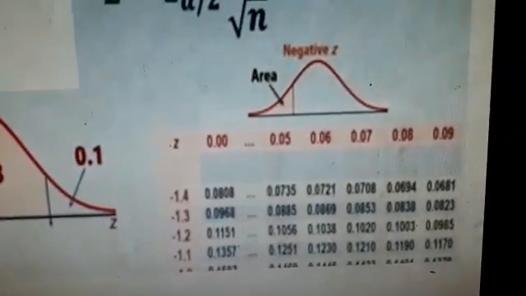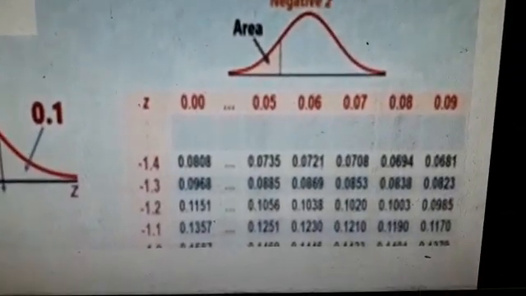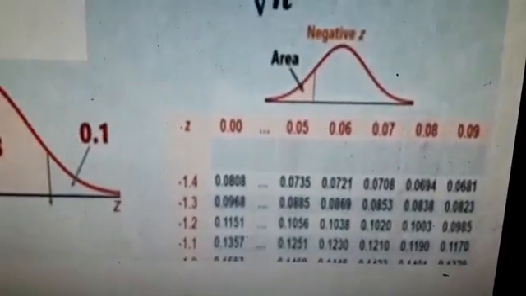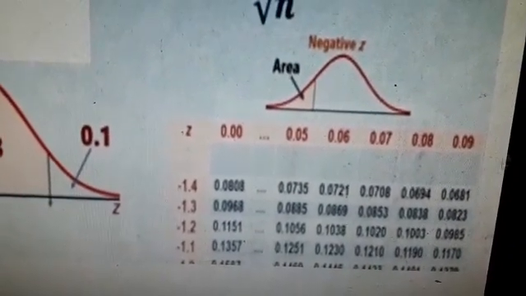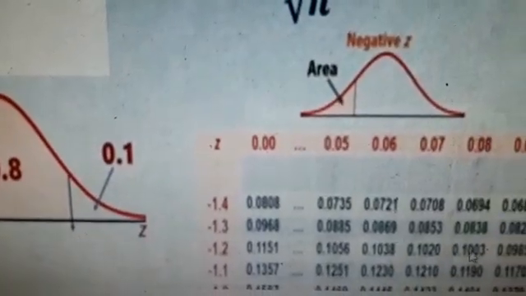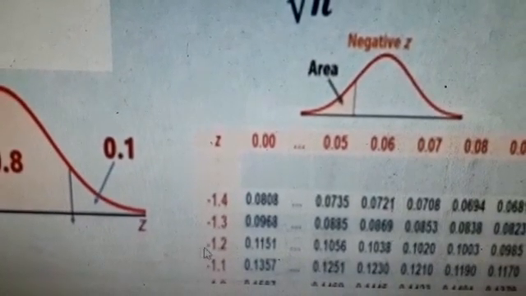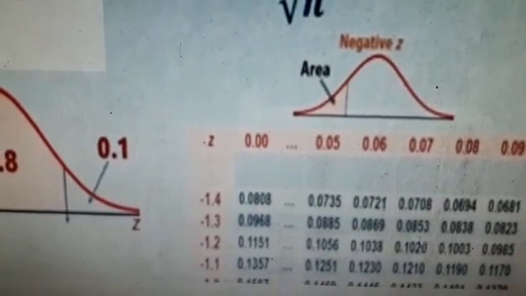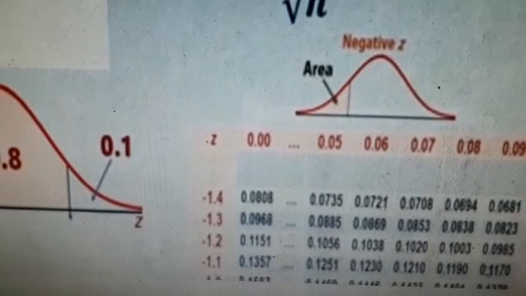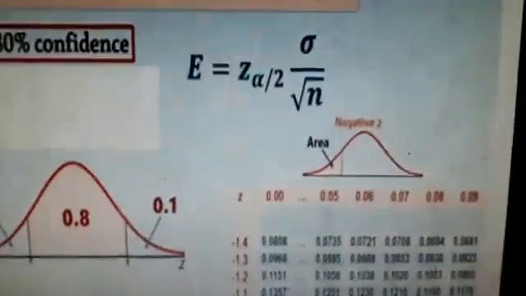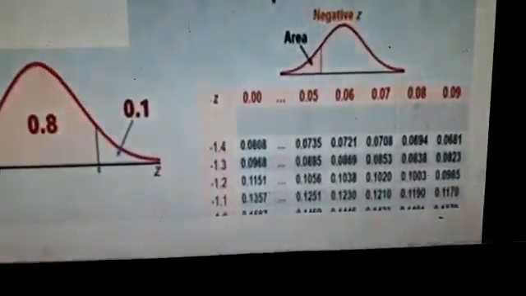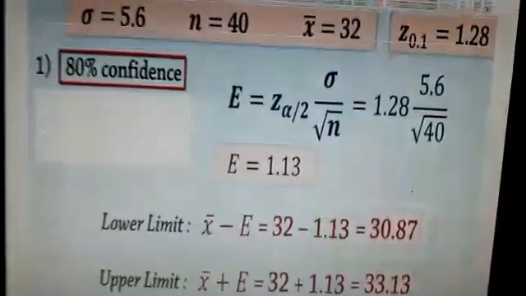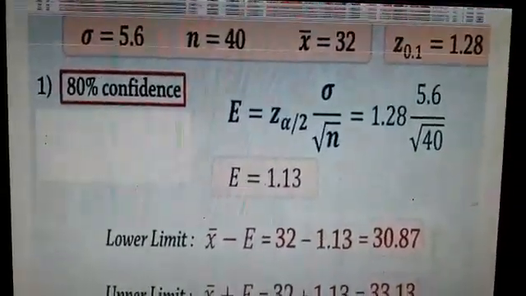From the table you will find 0.1003. If you look into the table, you will find this particular value, 0.1003. So 1.2 plus 0.08, that is minus 1.28. So here we get the value of Z as 1.28.